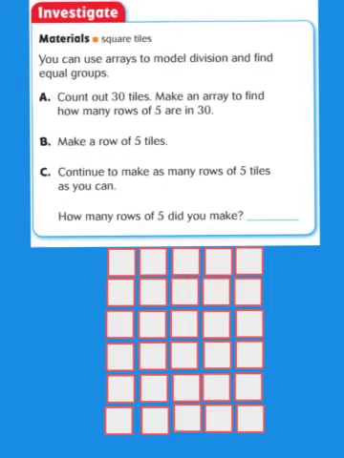Once we have counted out all 30 counters into rows of 5, we can then count how many rows of 5 we were able to make. 1, 2, 3, 4, 5, 6. So we were able to make 6 rows of 5 out of our 30 counters.